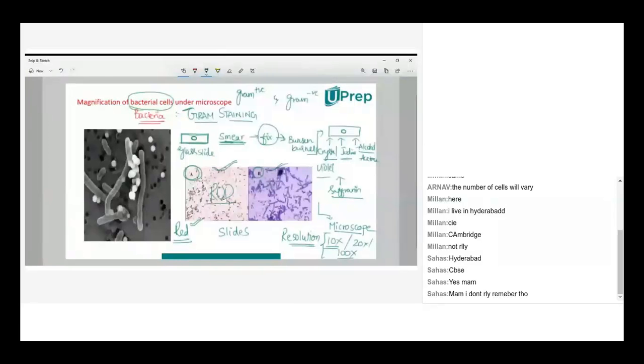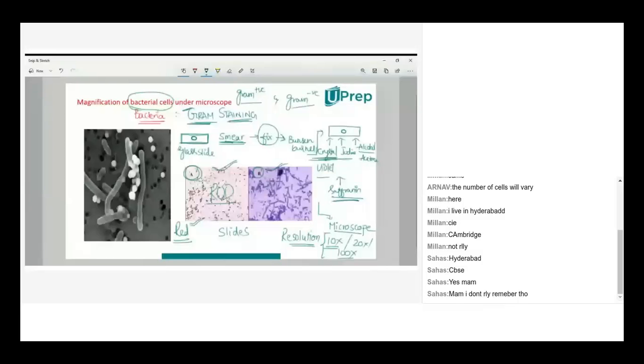Here we are using different colors, like crystal violet, safranin, all the colors we are using. That's why it's called staining. And Gram is the scientist who contributed this work of observing bacteria under microscope. You cannot observe bacteria under microscope simply by having a liquid drop. You won't observe anything.